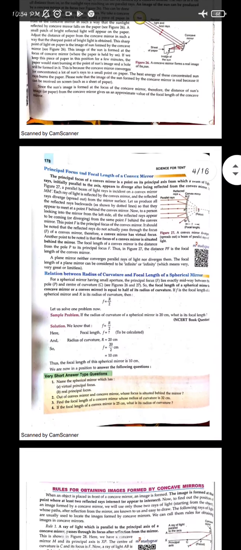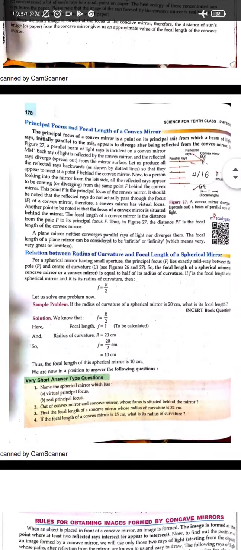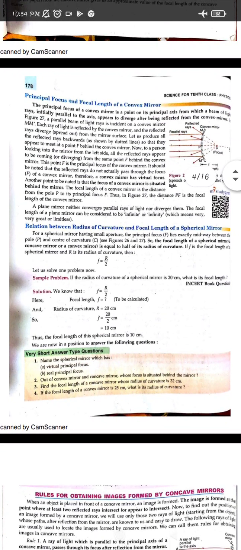These light rays reflect back, so they meet at a point. This point is said to be the focus. So the point at which the reflected rays from the parallel light beam meet is said to be the focus, and the distance between the focus and pole is said to be the focal length. Okay, so this is the relationship between the radius of curvature and the focal length.